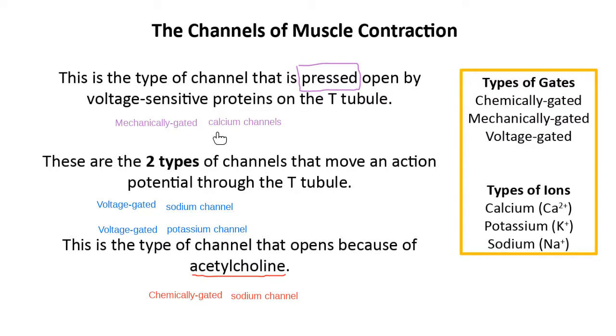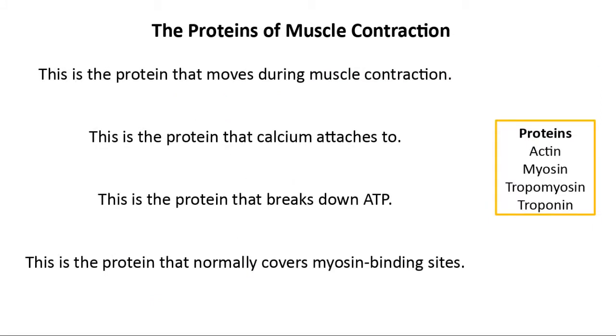Let's take this mechanically gated calcium channel here and apply it to the next activity that we did with our classmates. When I spit out that calcium from the sarcoplasmic reticulum, who does the calcium attach to? Which protein does calcium actually go down to and attach to? Yeah, the protein that calcium directly attaches to is called troponin.